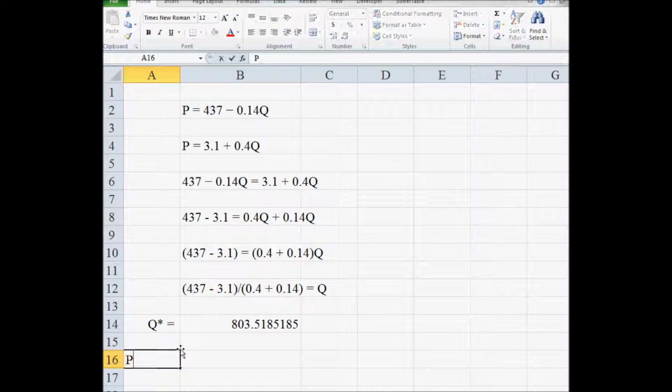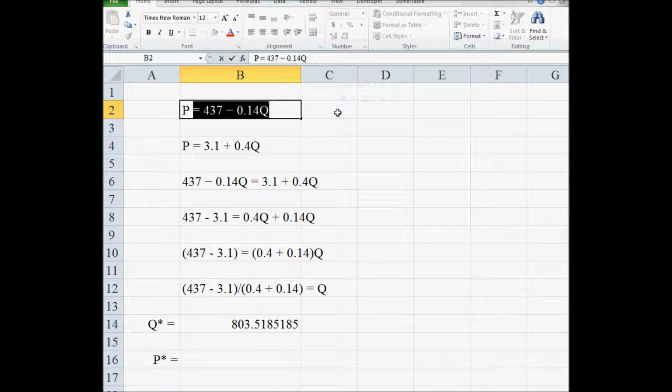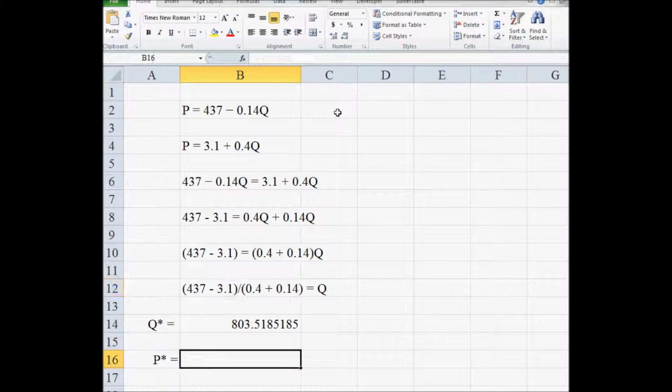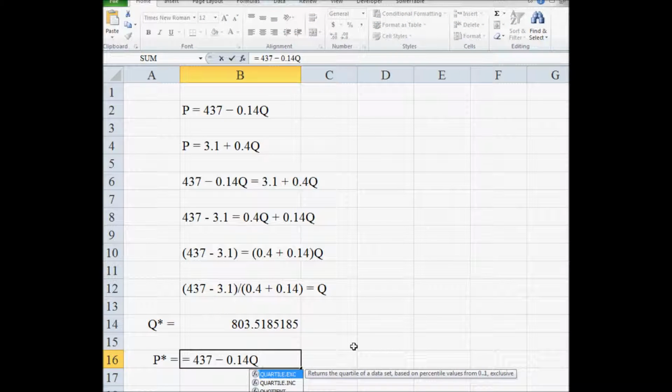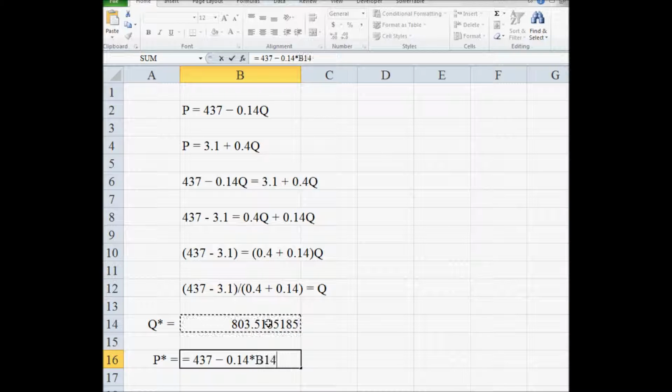To get the price at the equilibrium, I'm going to take this value here, the right-hand side of the demand curve, and copy it down here. I'm going to replace the Q with times this quantity. Also, I have to change that to a small dash for subtraction in Excel.